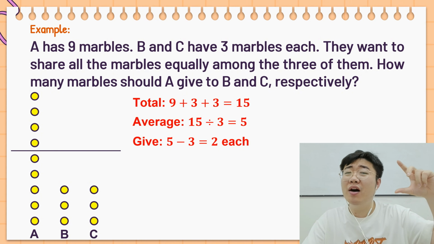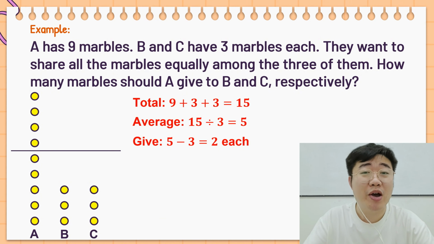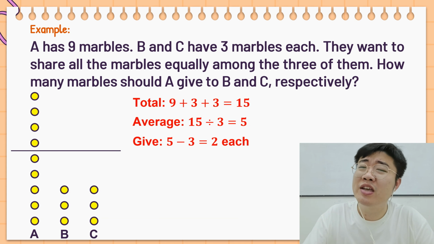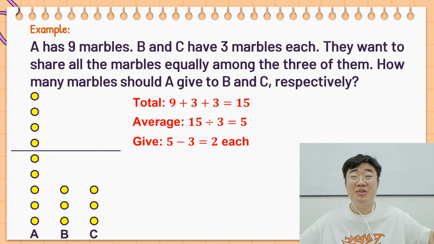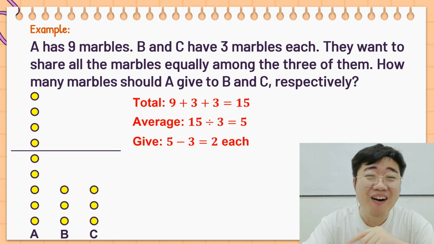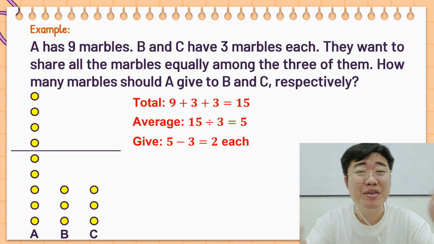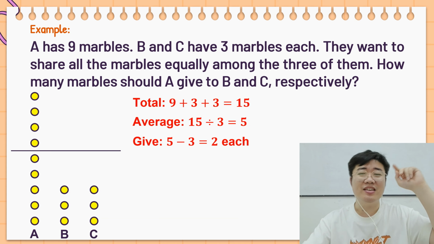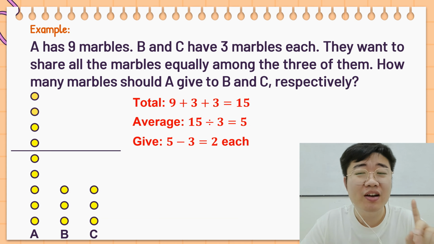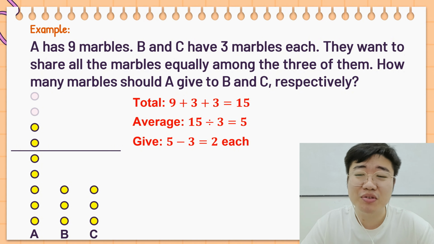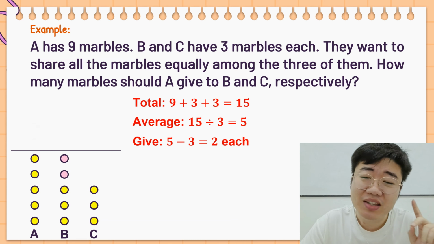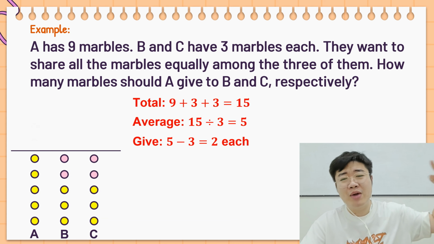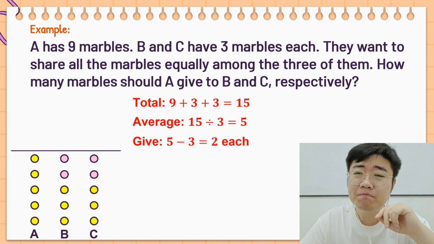This means that those marbles above the 5, they will be the extra. Now in the end, A did not have 9 marbles anymore. So what happened to those extra marbles? Oh, we know these are given to B and C. So let's see. Since B received 2 marbles, let's take 2 from here, give it to B. Then we take 2 from A again, we give it to C. So altogether, everyone have 5 marbles now.